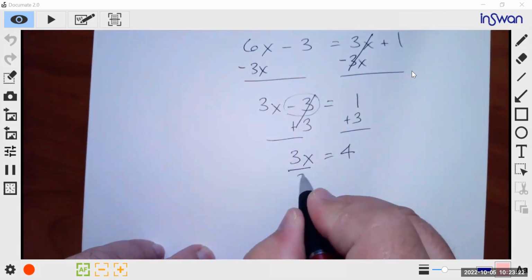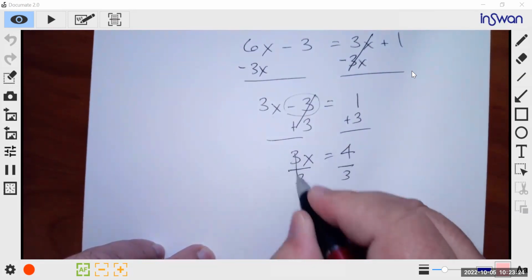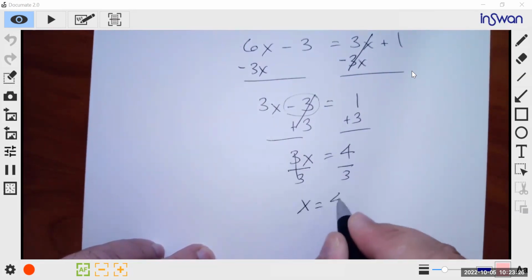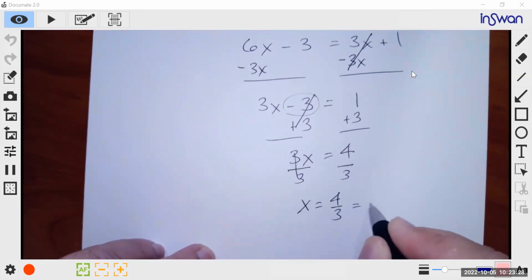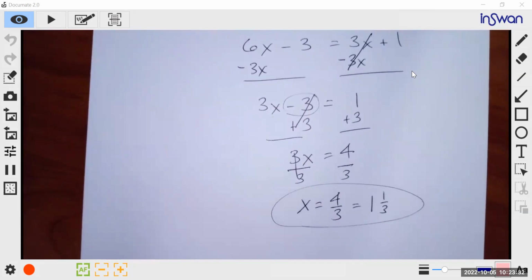And then to get the x by itself, we divide by 3. So x equals 4/3, or 1 1/3. Very good.